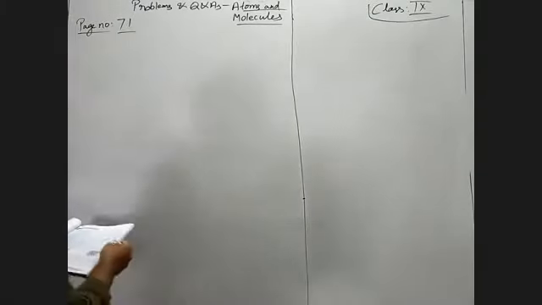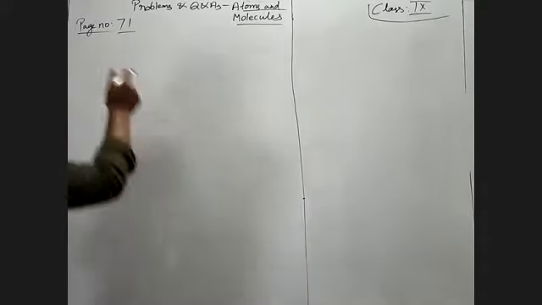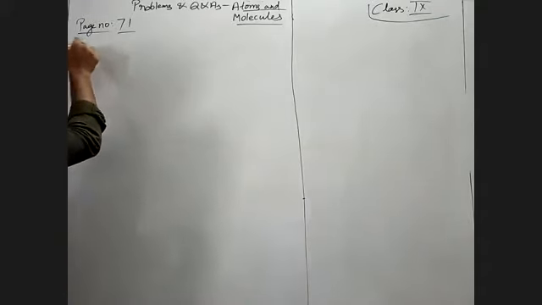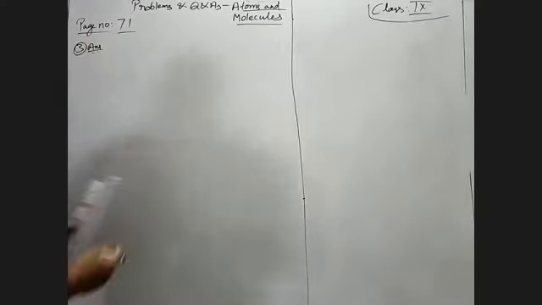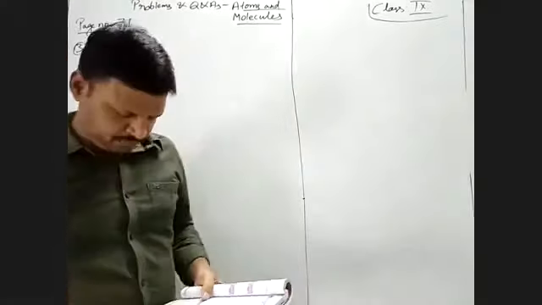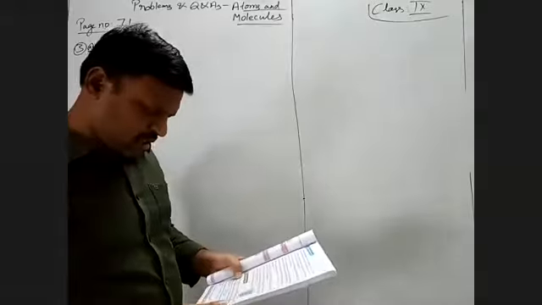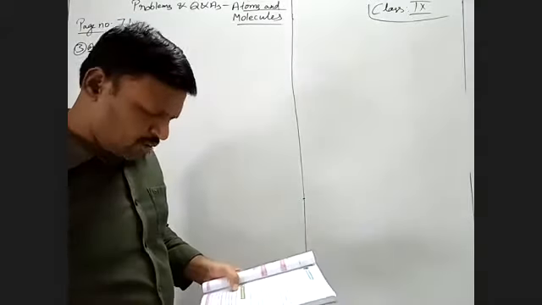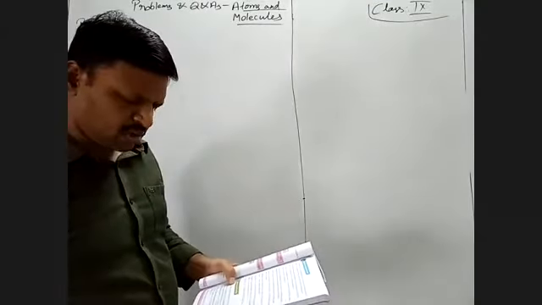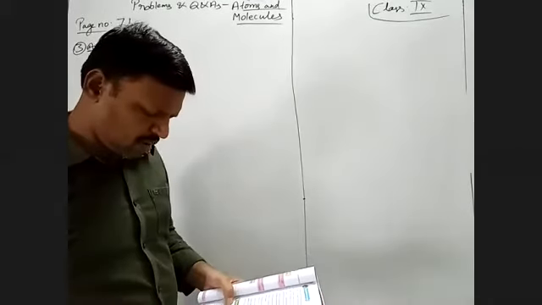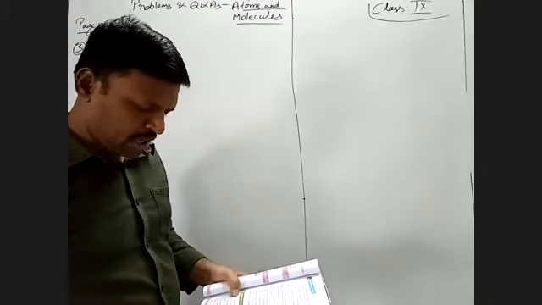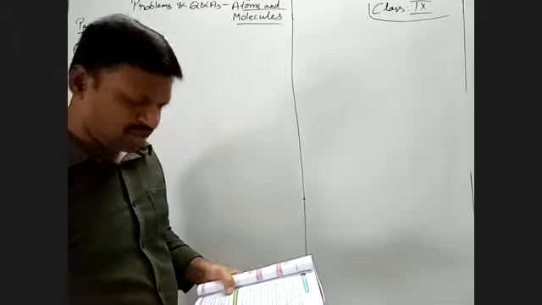Third question. In a class, the teacher asked students to write the molecular formula of oxygen. Shamita wrote the formula as O2 and Priyanka as O. Which one is correct? State the reason.